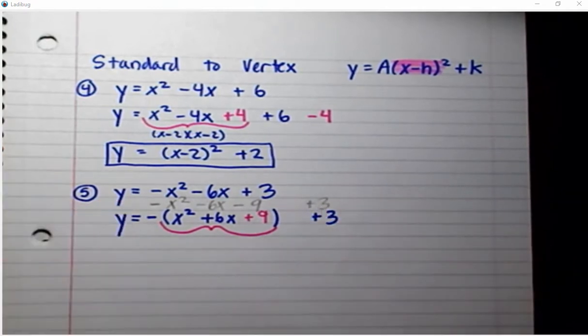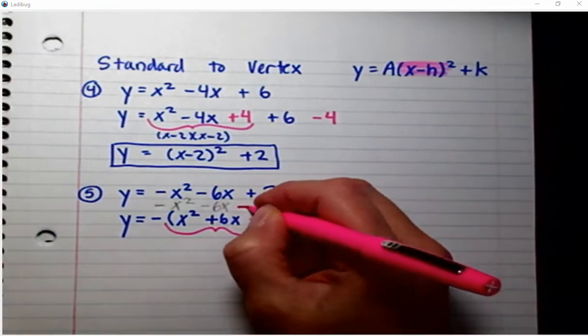Oh, look at that. Look at what I actually did here. This first set of parentheses actually includes this negative in front. So I know it looks like I wrote a plus 9, but really I subtracted 9. So which is equal? No, it's not equal.